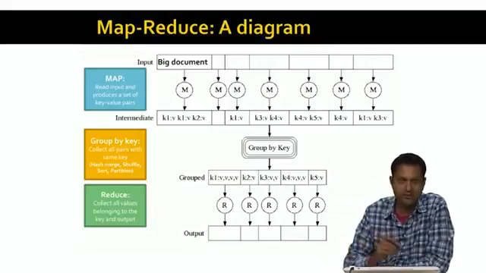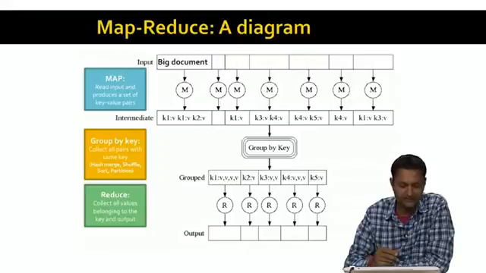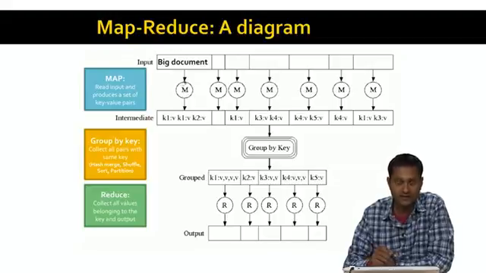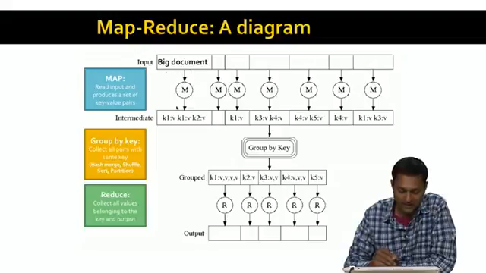Just to refresh your memory, a simple MapReduce process has 3 steps. In the map step, you take a big document which is divided into chunks, and you run a map process on each chunk. The map process goes through each record in that chunk, and it outputs intermediate key value pairs for each record in that chunk.